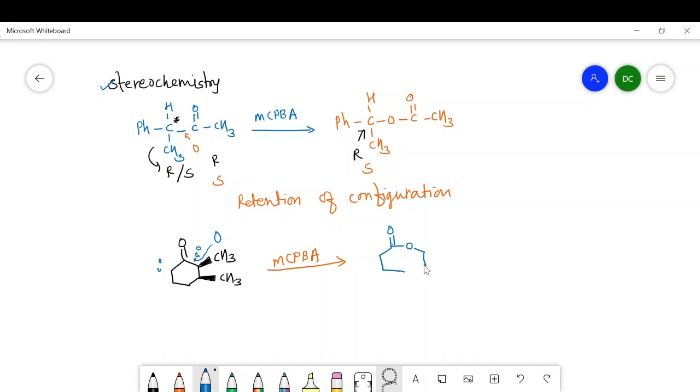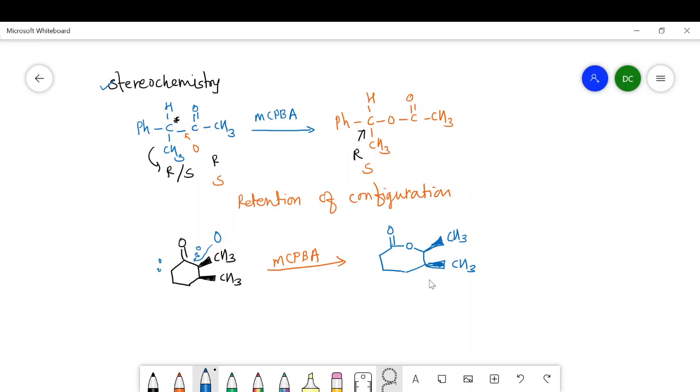So I will write like this. Whatever groups are present on this carbon should have the same configuration because there is a retention of configuration observed in the Baeyer-Villiger oxidation process. So in case of cyclic ketone also, as in case of aliphatic aromatic ketone, there is a retention of configuration observed in the Baeyer-Villiger oxidation process.